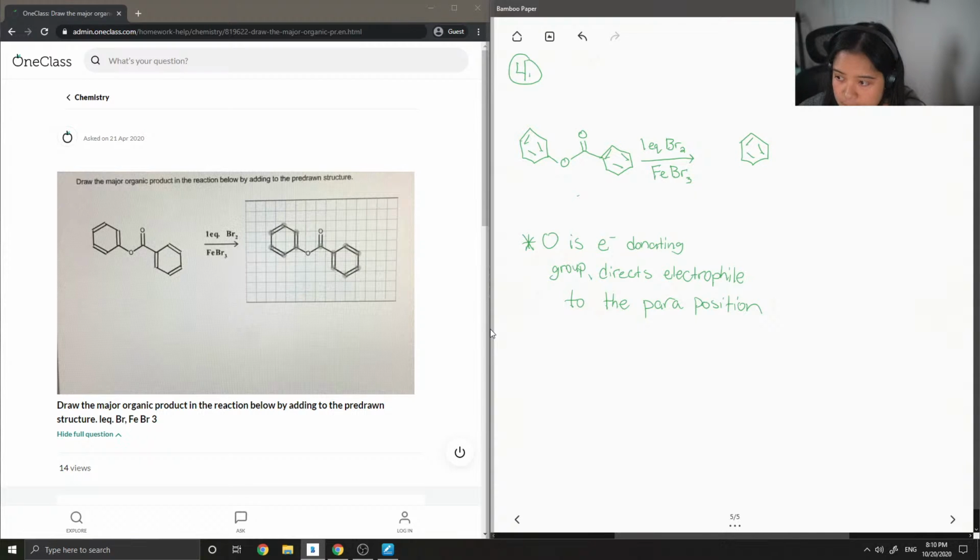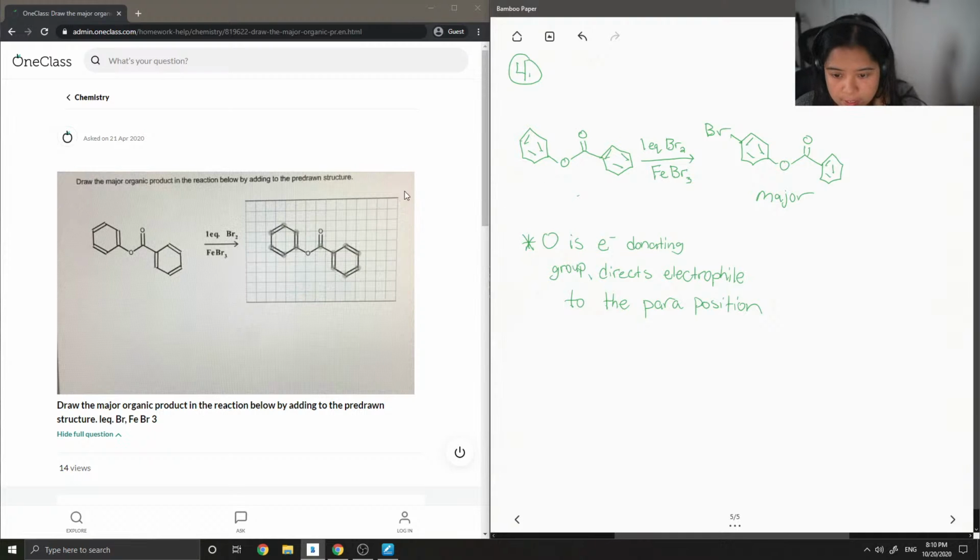You have your benzene. You just draw out everything first. And then the para position is here. So this is where our bromine group is going to go. And this will be our major product.